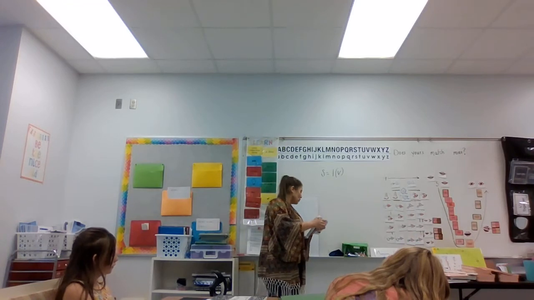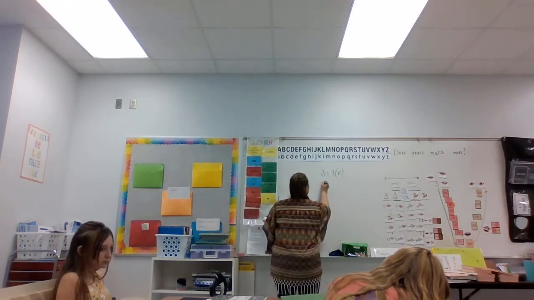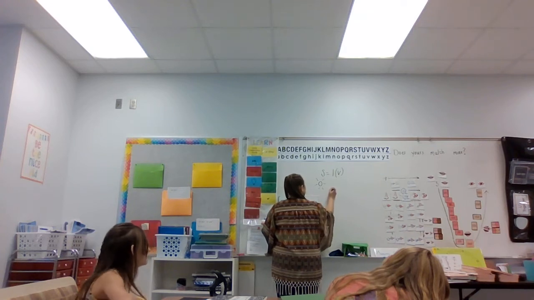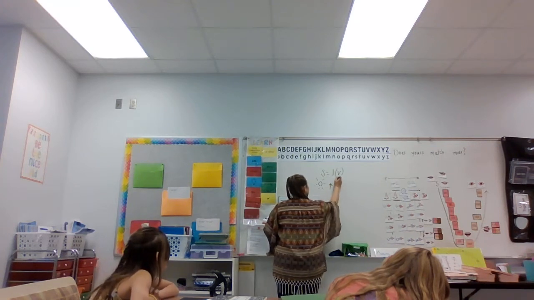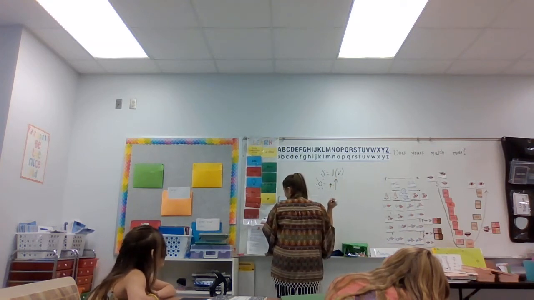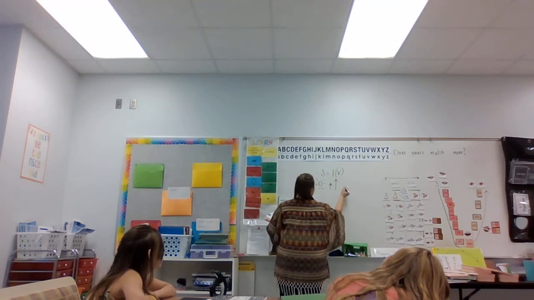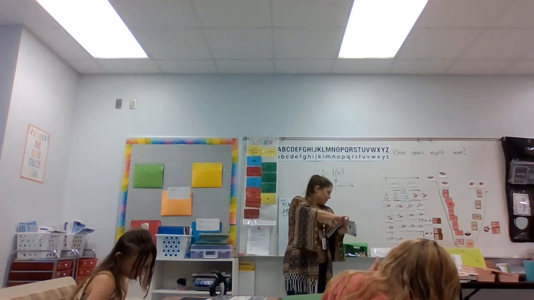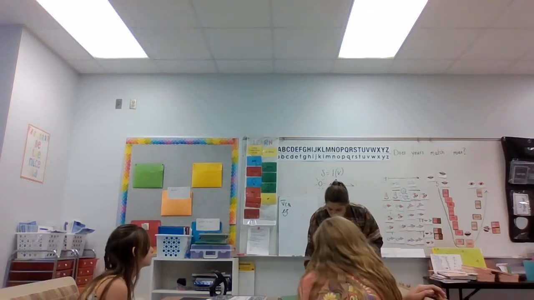It's putting stress on a word or a part of a word by opening our mouth wider, saying the sound louder and higher. That means your voice is louder and higher, and you hold the sound longer. Nice. Okay, we're going to look at our vowel chart.